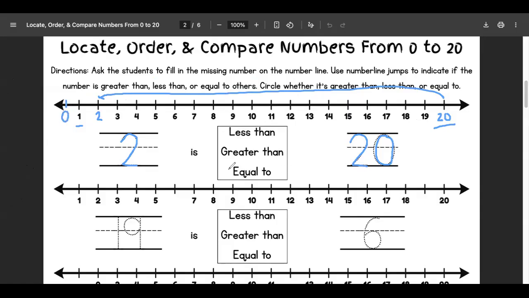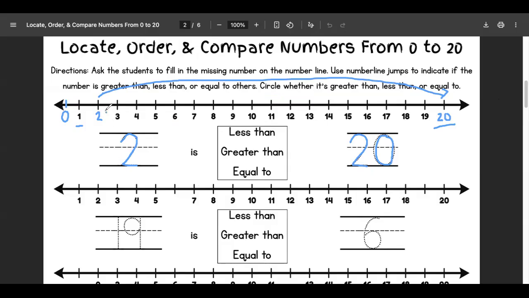It's closer to 0. Now, let's say that I did the opposite and I went from number 2 to 20. Well, I'm going now to the right-hand side. So now my value is going to increase when I go from 2 to 20.